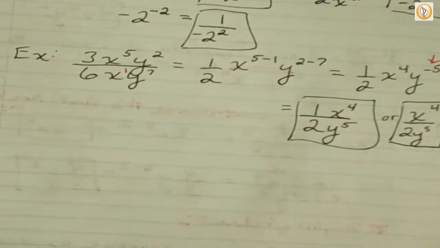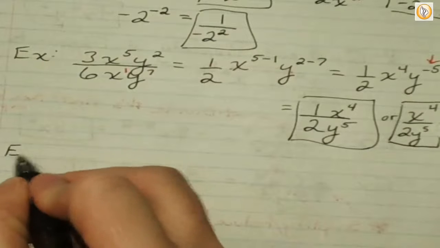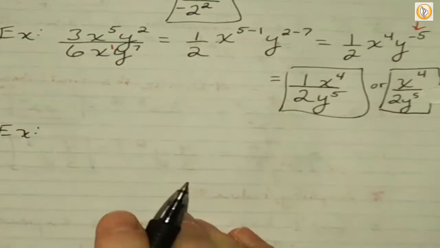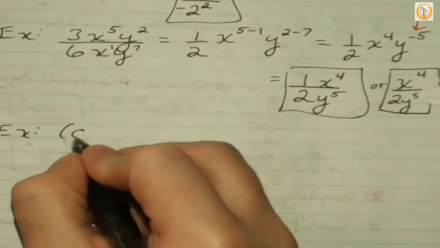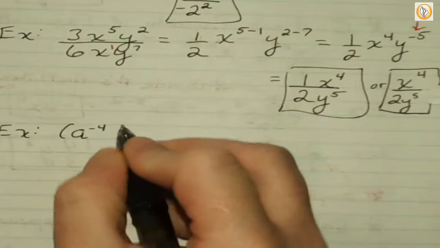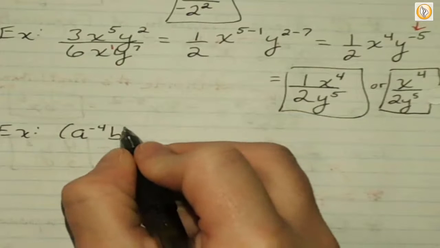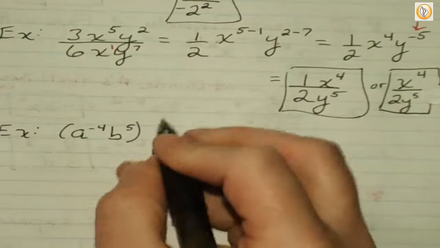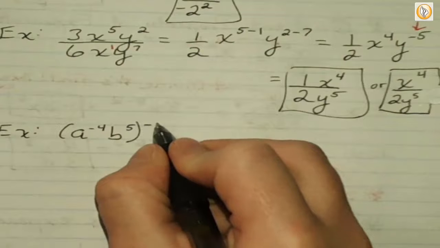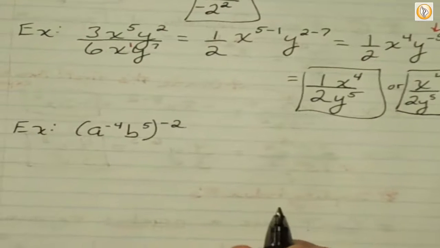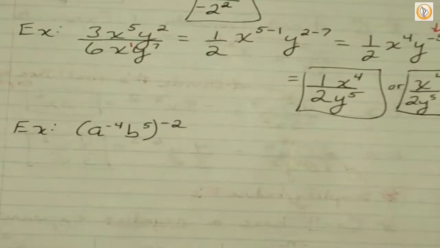All right, Emily, you're next. A to the negative 4 times b to the positive 5, with a negative 2 exponent. So talk me through it.